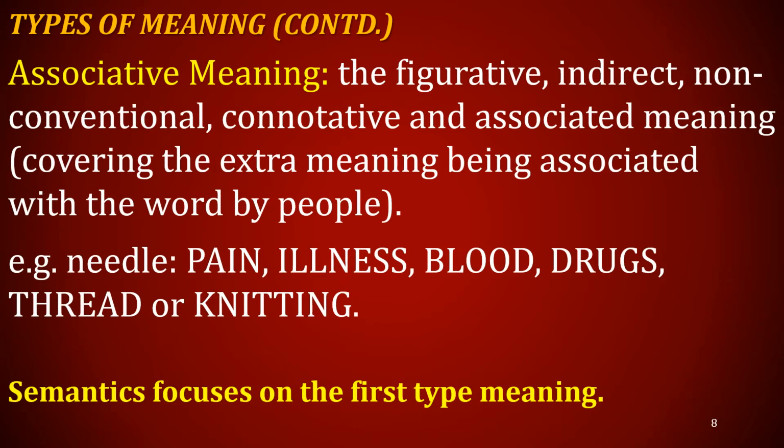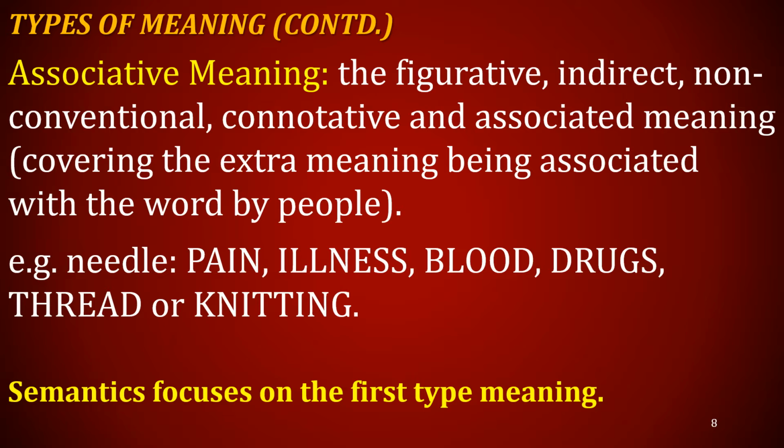And the associated meaning is the figurative, the indirect, the non-conventional, the connotative meaning. This kind of meaning covers the extra meaning which is associated with the word by people rather than through language itself.